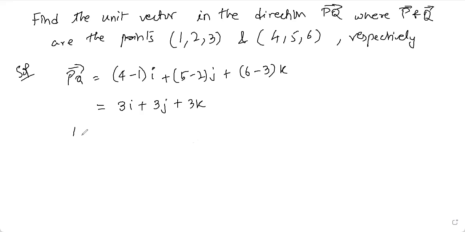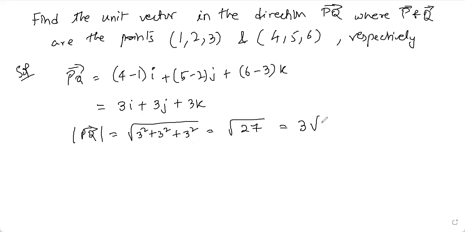Now let us find the magnitude of this PQ. So which is square root of 3 square plus 3 square plus 3 square, which would be 9 plus 9 plus 9, which is 27, which is equal to 3 root 3. Now the unit vector will be PQ divided by mod PQ.